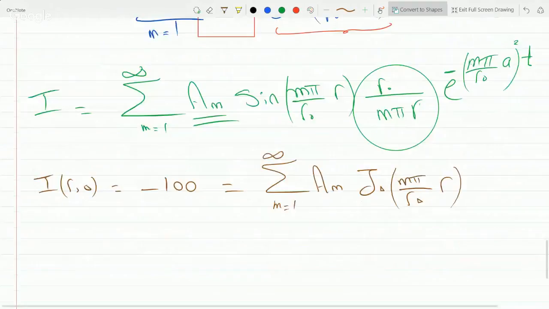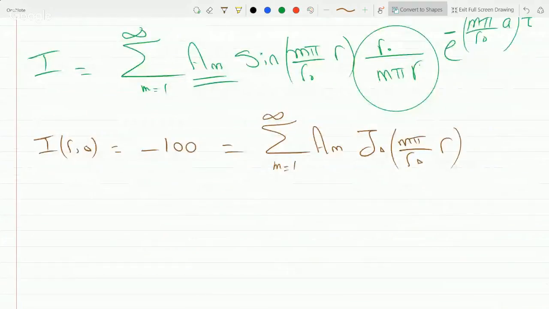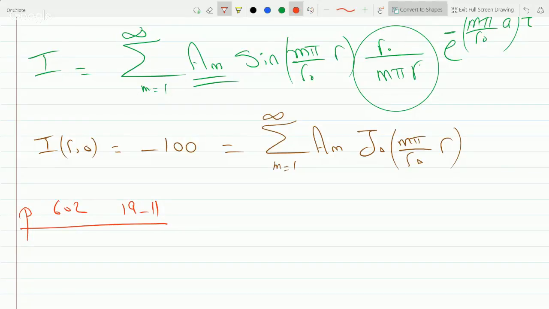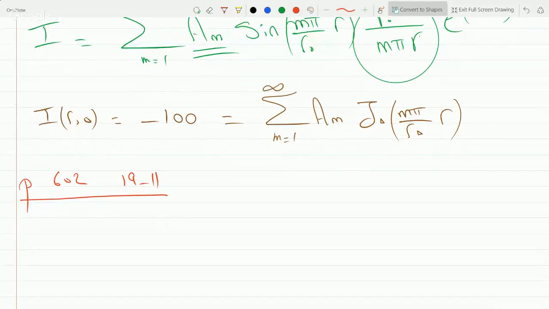Okay, and now we will exploit the orthogonality relationship. If you don't get that step, then pay attention because I'm there now, so you can see how I use it. But you have to do it. If you go to page 602 in your book, equation 19.11, this talks about the orthogonality of the Bessel functions.